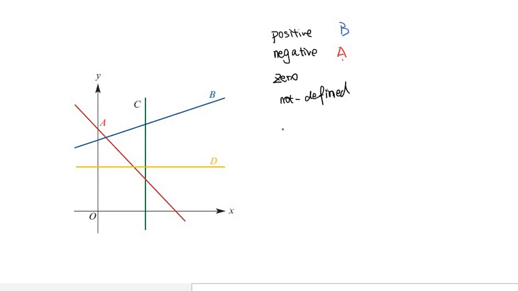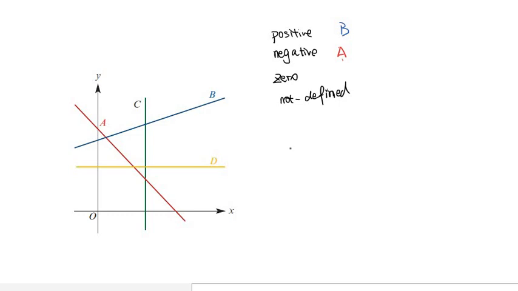If we go back to the definition, our gradient means the change of y in a unit change of x. Looking at line D, there's zero change in y in the unit change of x.